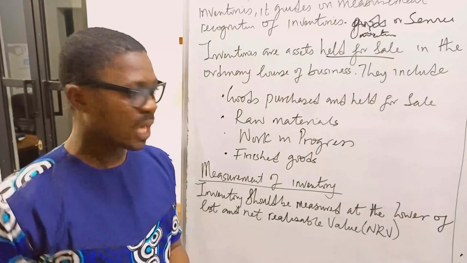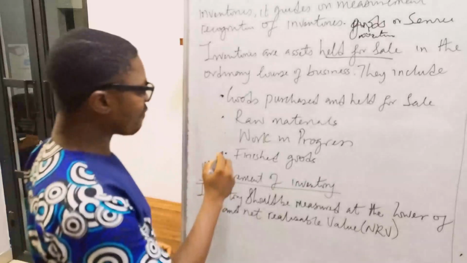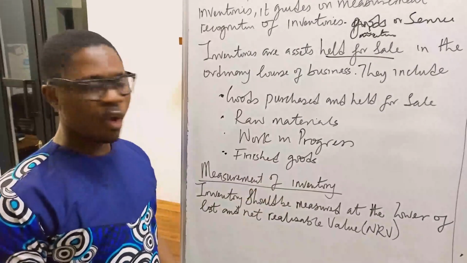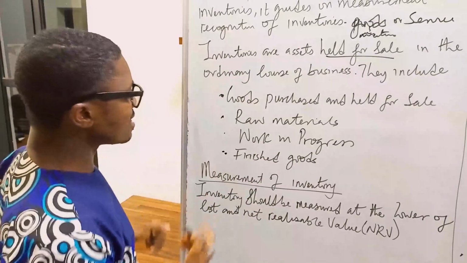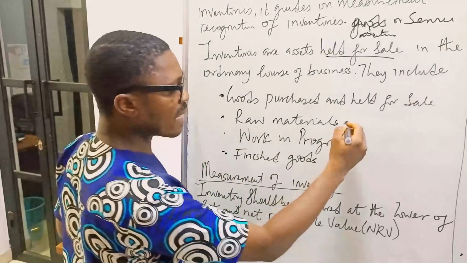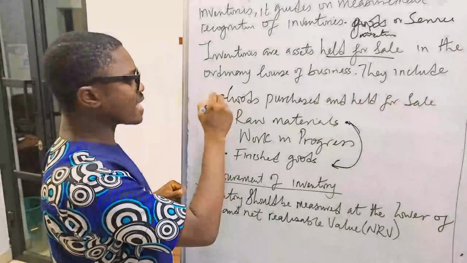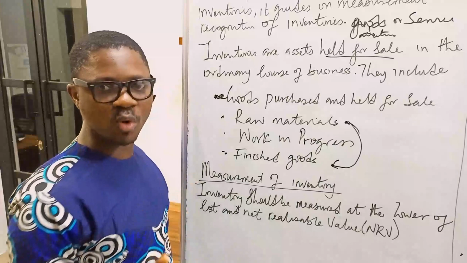Now, the difference between goods purchased and held for sale and finished goods. Finished goods are also held for sale, but the difference between the two is that these finished goods metamorphosized from raw material to finished goods. Why this? The intention of buying it from the beginning is what is finished goods.